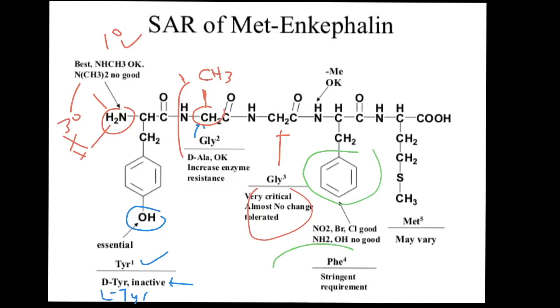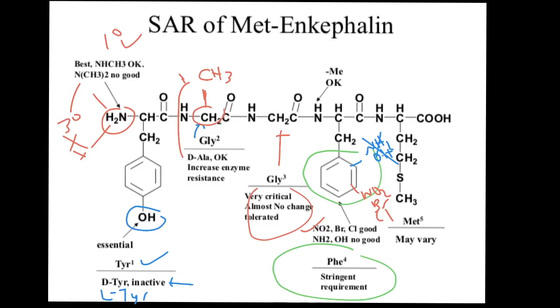If you have knockoff Berkel, remember your knockoff Berkel are your electron withdrawing groups, like nitro, bromine, chlorine, on the phenylalanine ring, you still have activity. However, if you have an electron donating group like NH2 or OH on the ring, then you have no activity. So you need electron withdrawing groups on the ring.